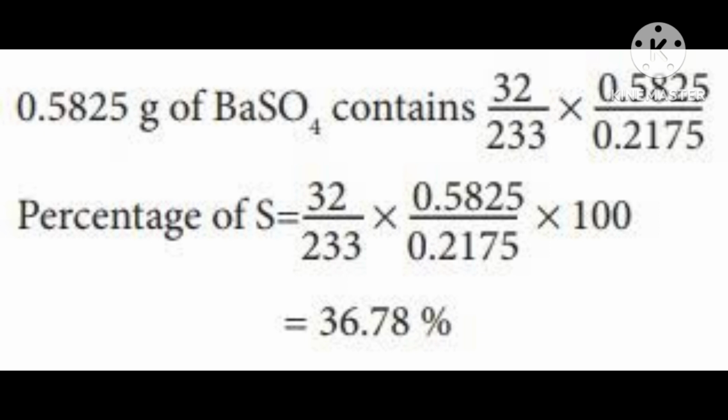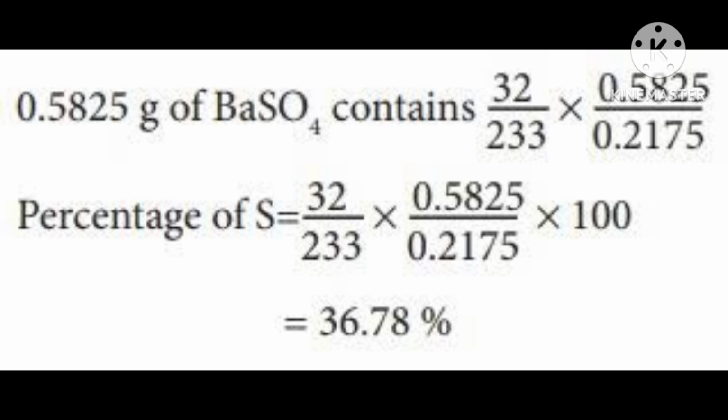So 188 gram silver bromide contains 80 gram bromide ion; 1 gram gives 80 divided by 188; 0.12 gram, how much?